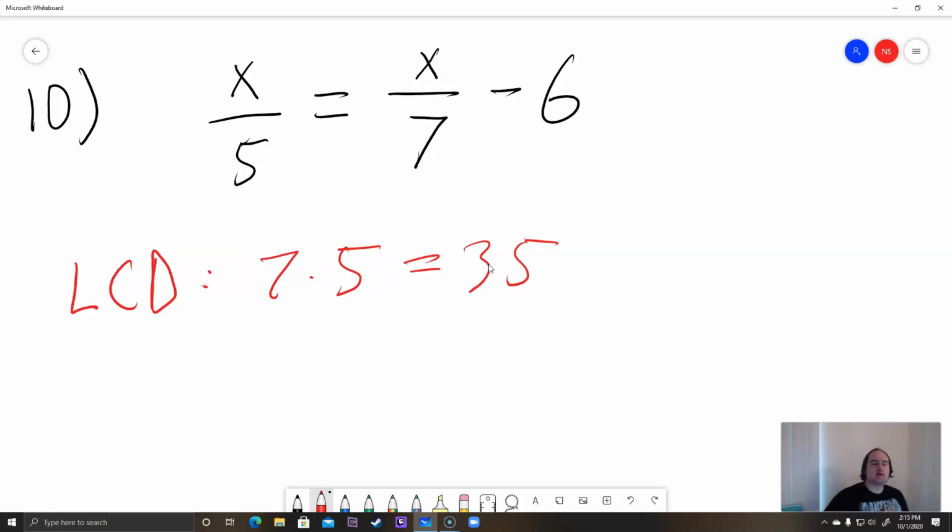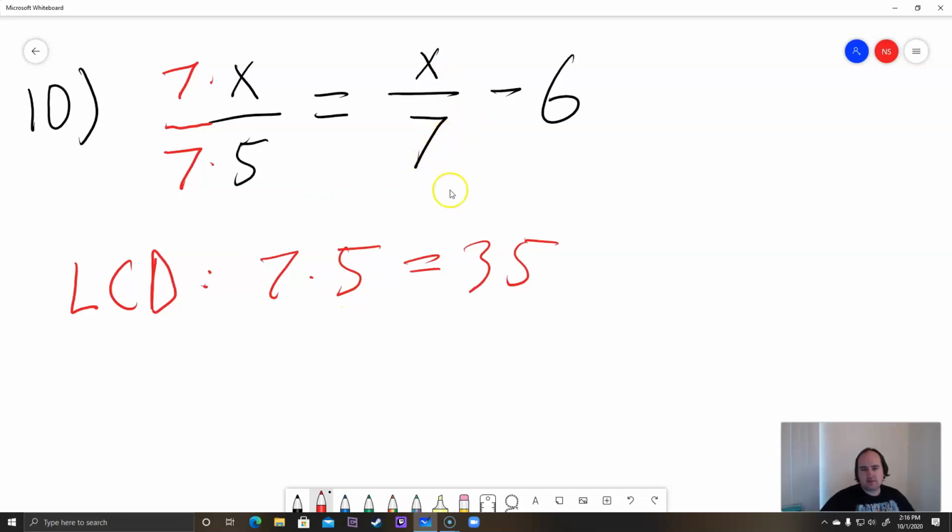On the left side, we have a 5, and we want to have a 35. So we're going to multiply by what we're missing. Well, 5 times 7 is 35, so we're going to multiply this fraction by 7 on the top and the bottom. And then on the right side, we have x over 7.